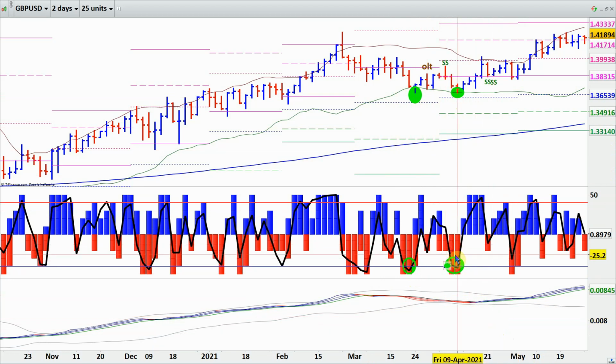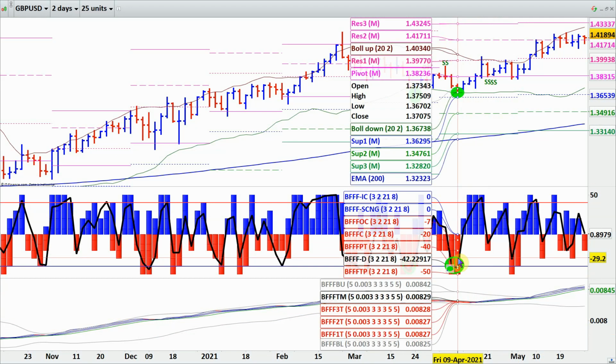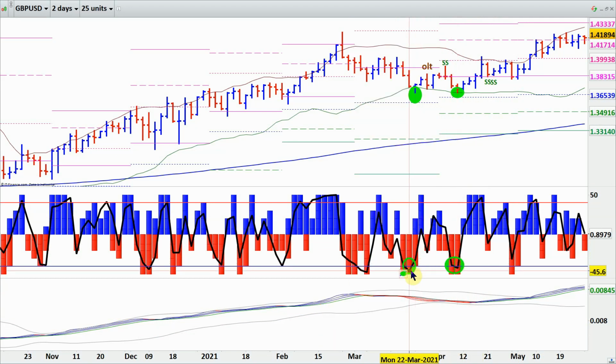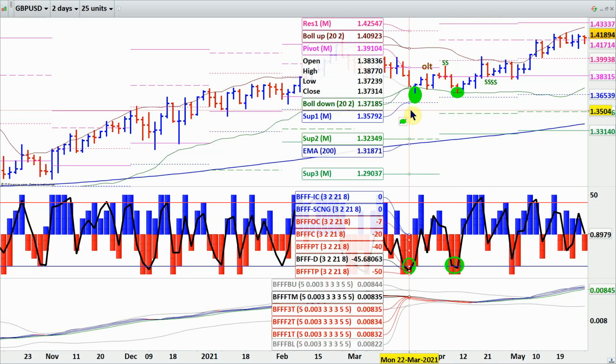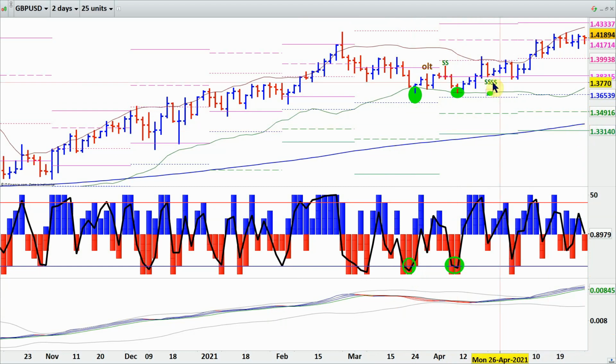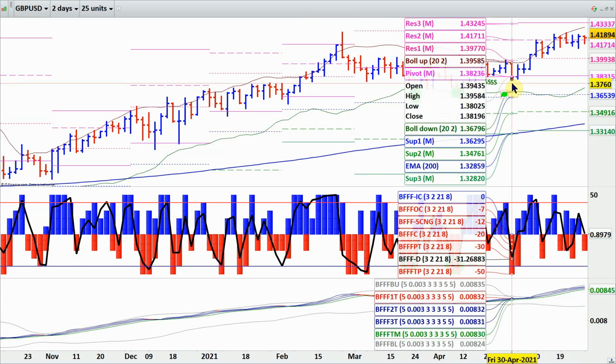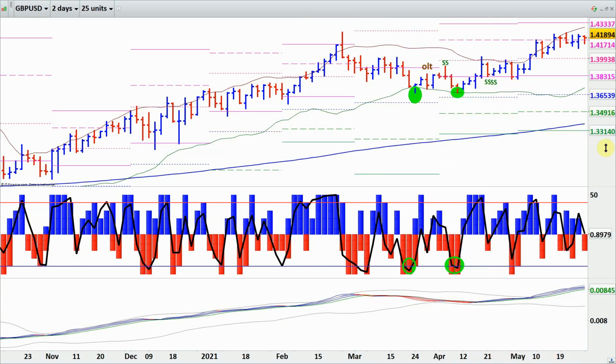So we got one oversold here, excellent probability to go long, and this is another one, excellent probability to go long with all sellers out. Did I answer your question?